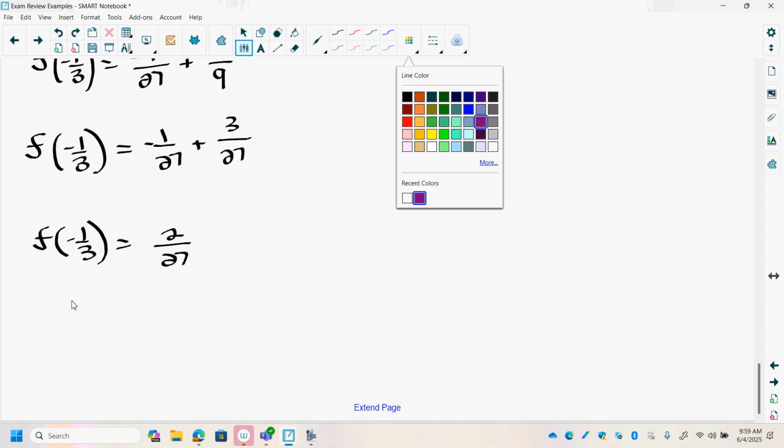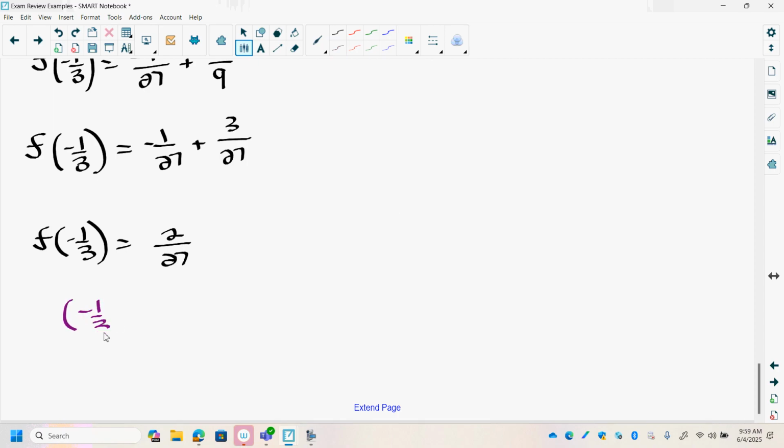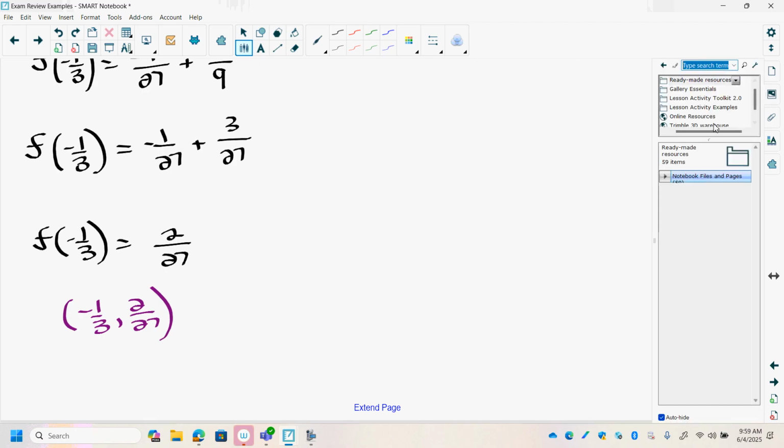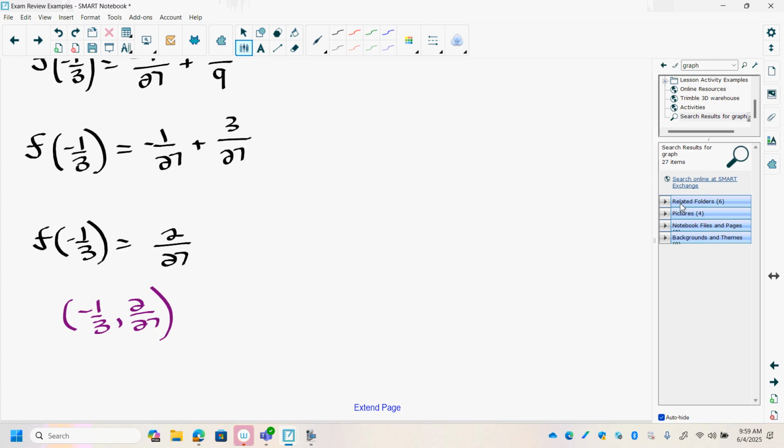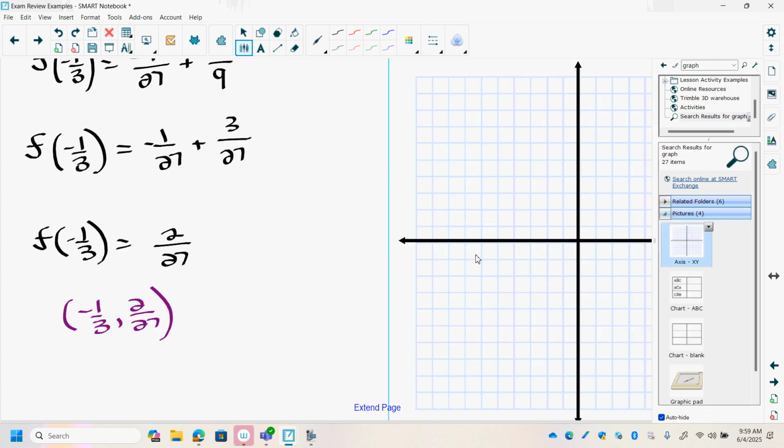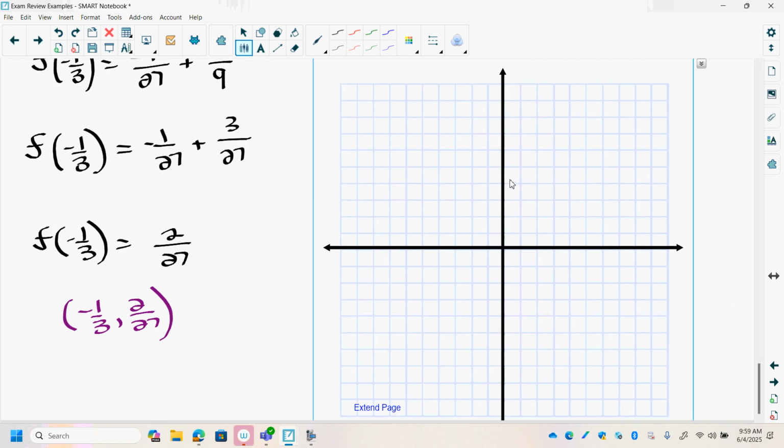When it comes to putting it all together, all right, let's get a picture out here. Find a graph. Everyone okay with this?